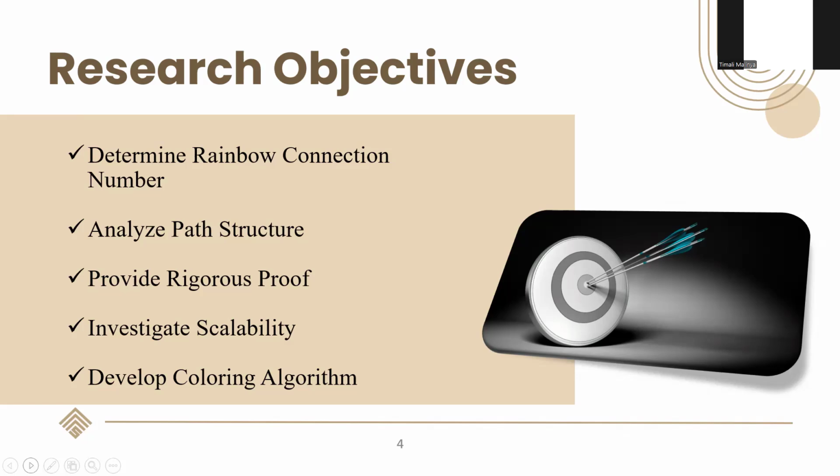Third, to provide a rigorous mathematical proof establishing the exact rainbow connection number. Fourth is to investigate scalability, specifically how the rainbow connection number behaves as the number of petals k increases.